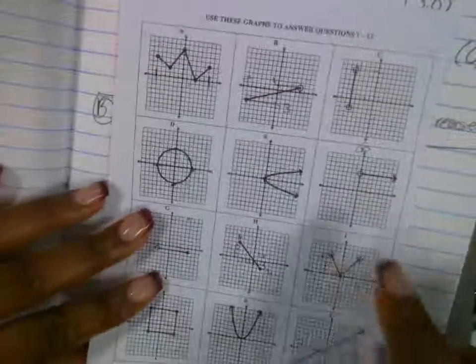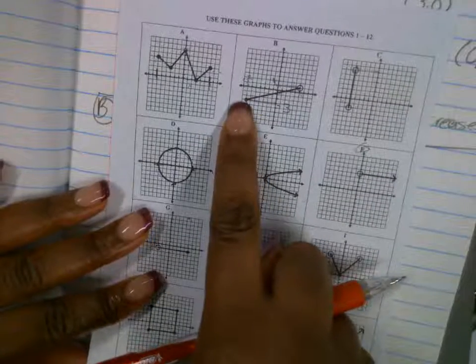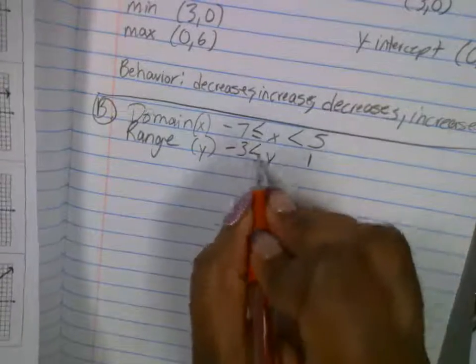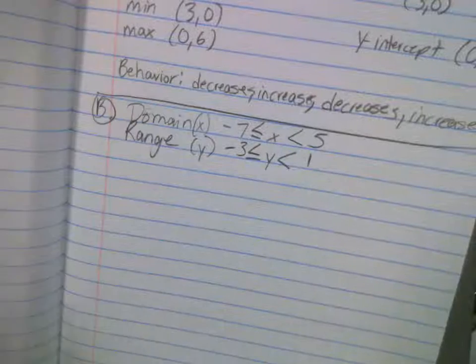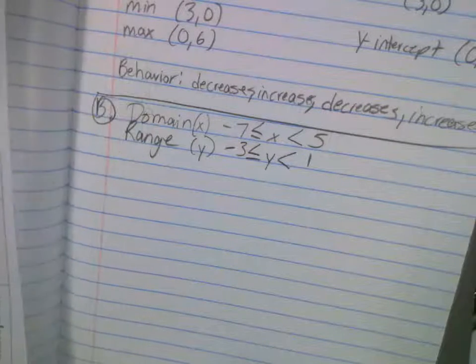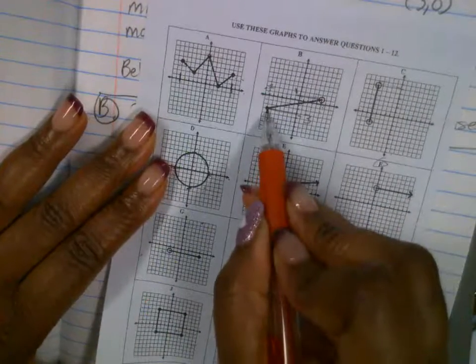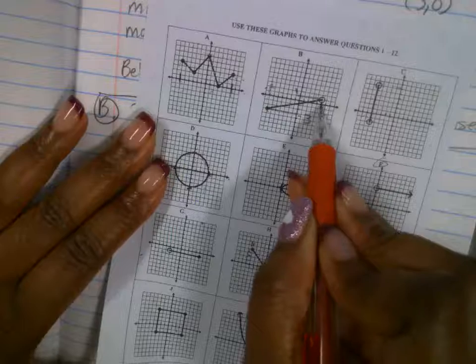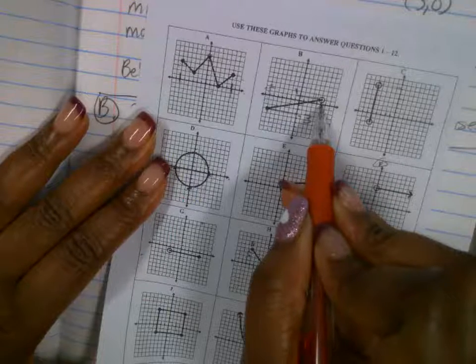So the lowest point, less than or equal to, highest point, less than. Makes sense? Why'd you put less than or equal to and then the other one less than? Because this is a shaded circle. That's equal to. Open circles are just the less than. Got it? No equal to.